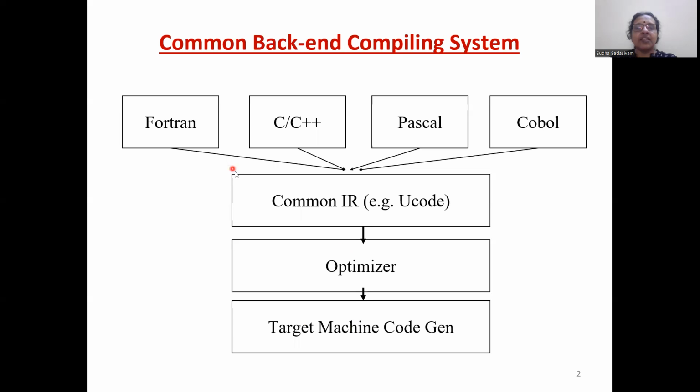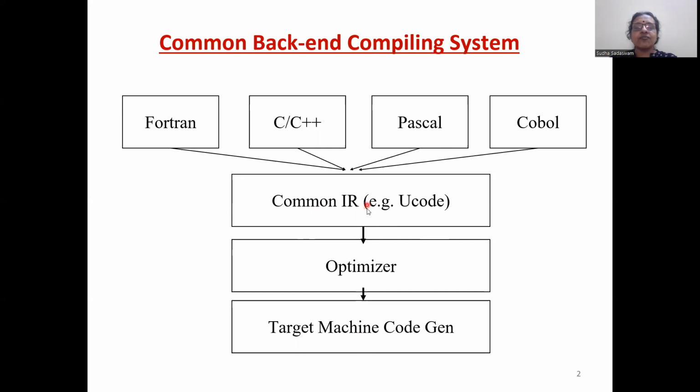Here, for example, let us consider that there are different languages, Fortran, C, Pascal, COBOL, and so on. All of these languages generate a common intermediate language code, and this common intermediate code can be optimized by the optimizer, and from this optimized code, the code generator can generate the code for the target machine.